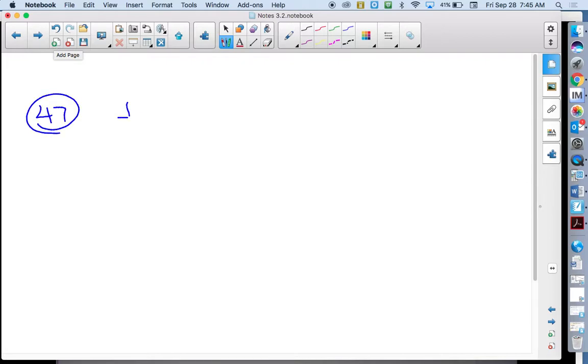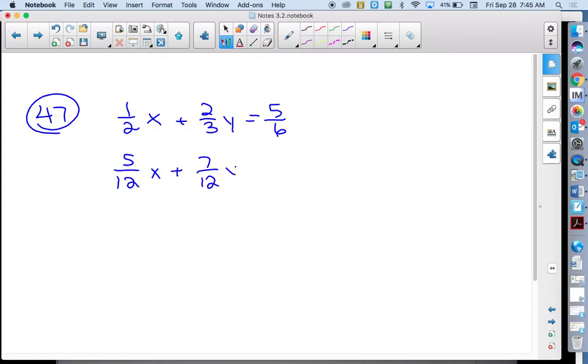So we have 1/2 x, 2/3 y, and it's equal to 5/6. And then the second one has 5/12, 7/12, and it's equal to 3/4.